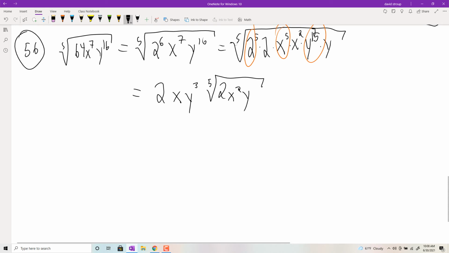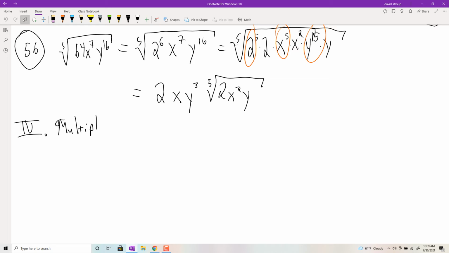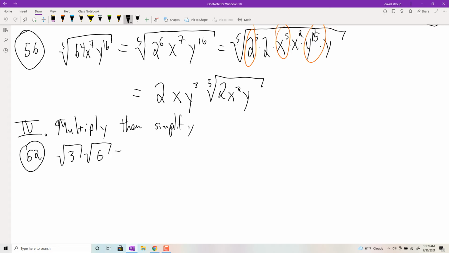Okay. Now we kind of return back to where we started at the beginning. We're going to multiply using our product rule for radicals and then simplify. Kind of where I initially thought we were headed, but we had to take a bit of a detour first. Okay, so number 62, I have the square root of 3 times the square root of 6.